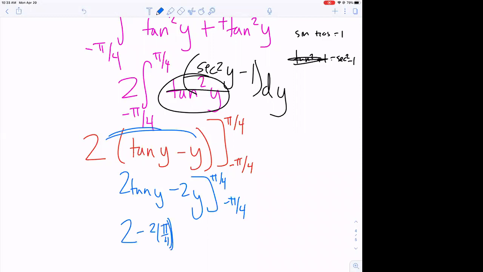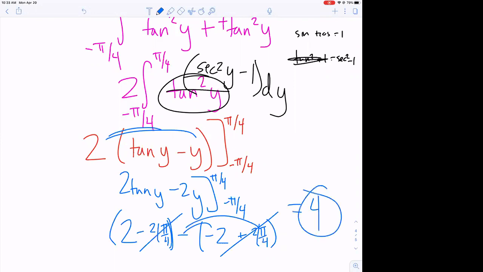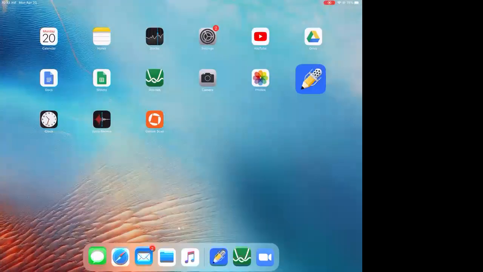But then you're going to have to subtract off tan of negative pi over 4 is negative 1, right? So you have negative 2, but then plus 2 times pi over 4. And then when you distribute this, the pi over 4s are going to go away and you're just going to get 4. That's why that one just begs to be finished.